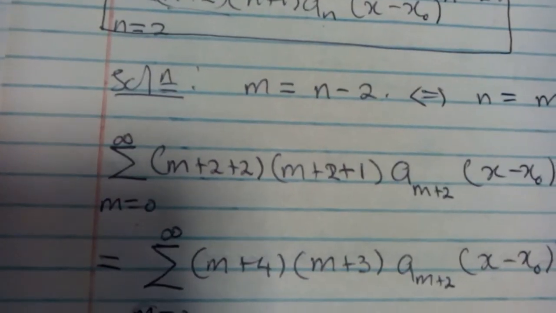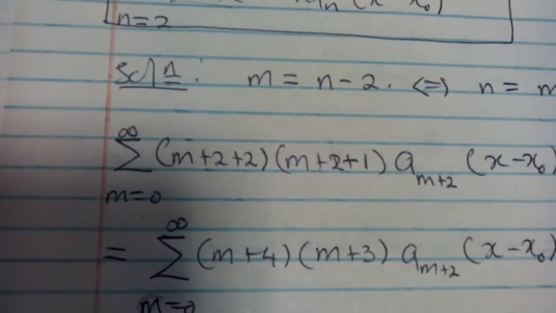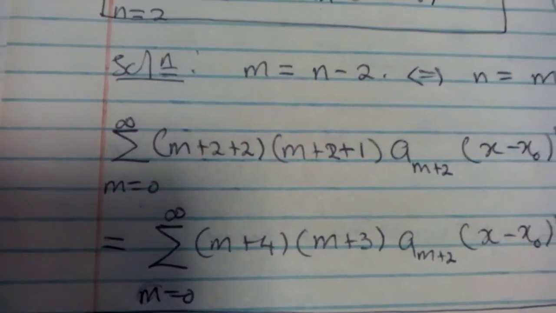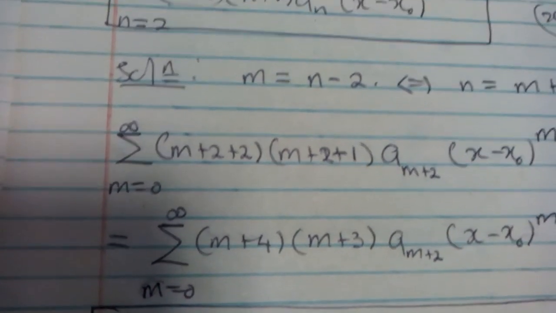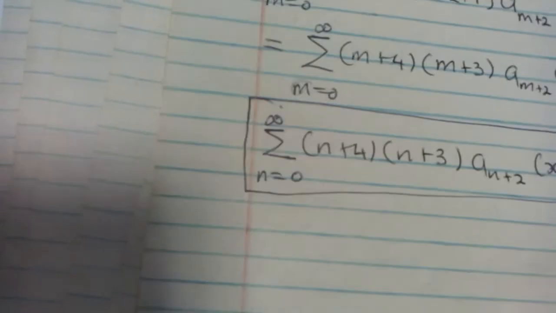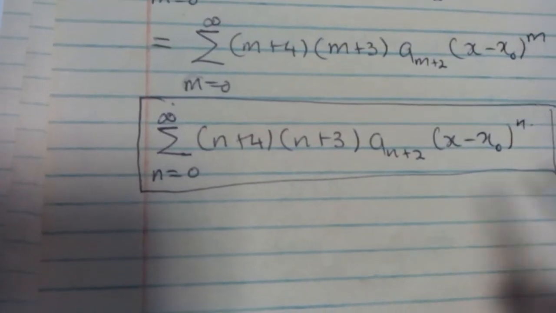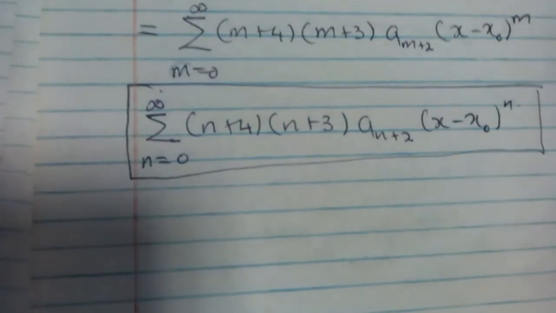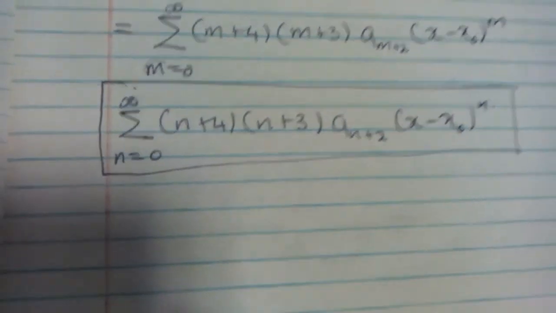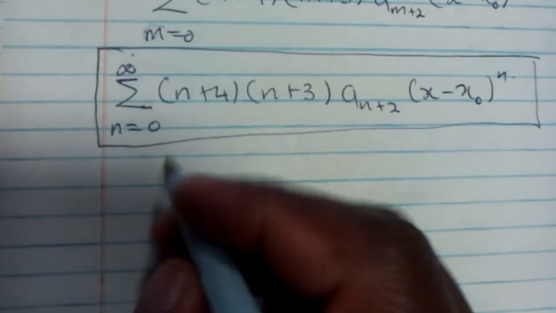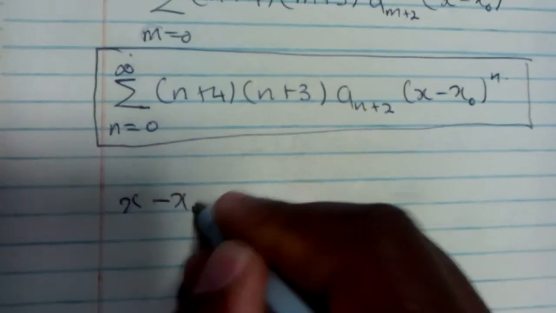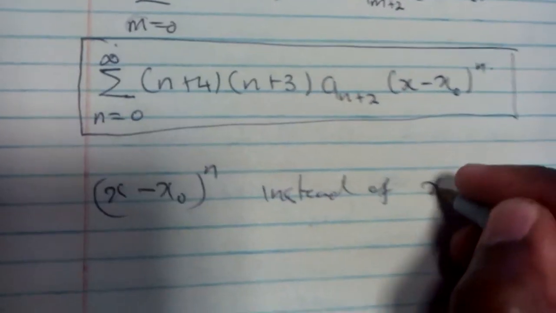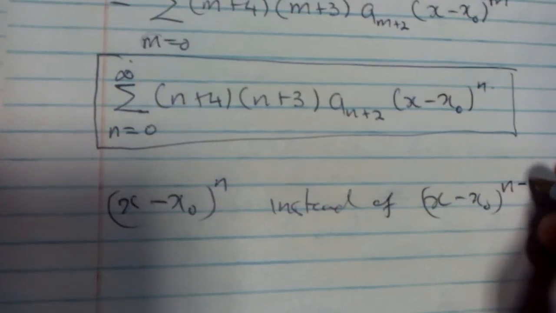So there are two things perhaps that may influence the change of your index. Either you want to write the term in x in a particular form, like for my second example here, where we're told to express the series in terms of x minus x naught to the power n instead of the original x minus x naught to the power n minus 2.